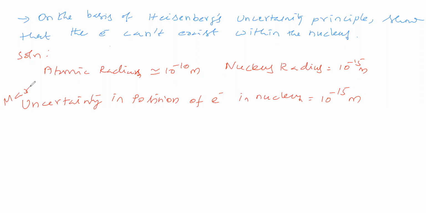Therefore, maximum uncertainty in position of electron is 10 power minus 15 meter.